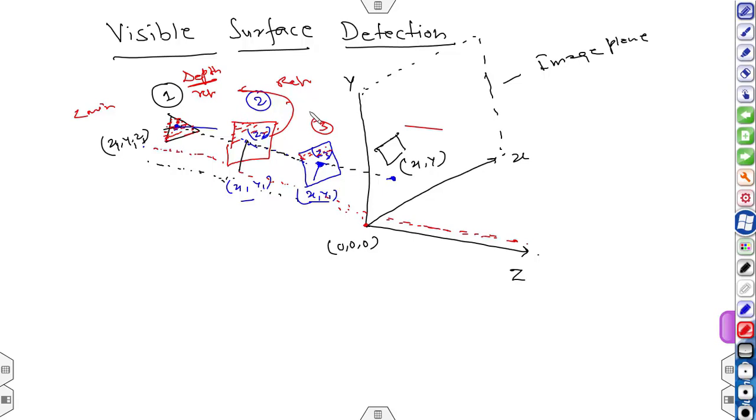Finally, when they have been updated for the last game object, the values are finalized, and only those objects will be rendered which are available in the depth buffer with the intensity available in the refresh buffer. In this way we can remove the occluded game objects and find the 2D projection of the 3D world on the image plane.